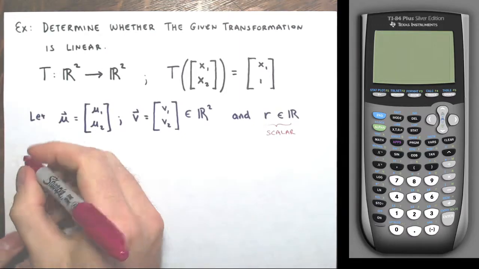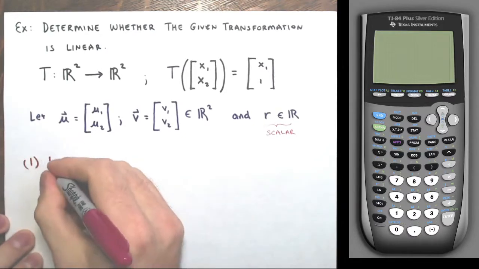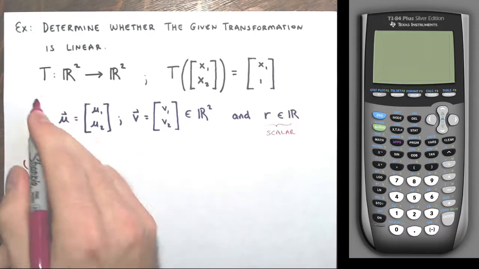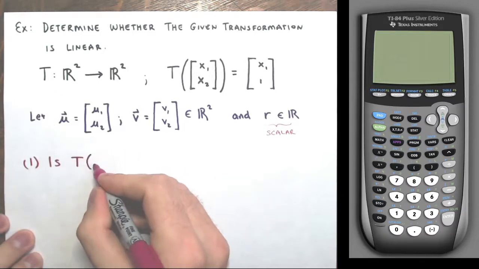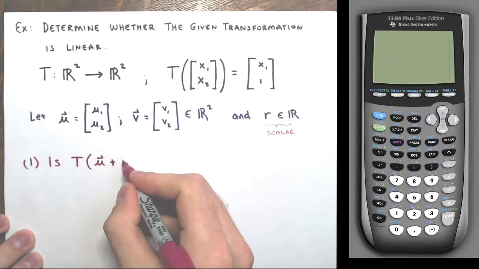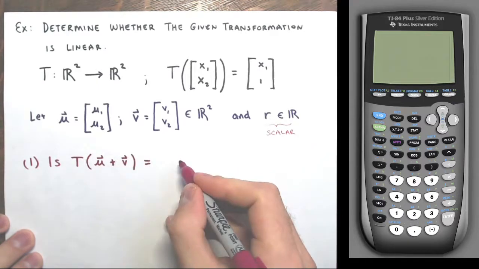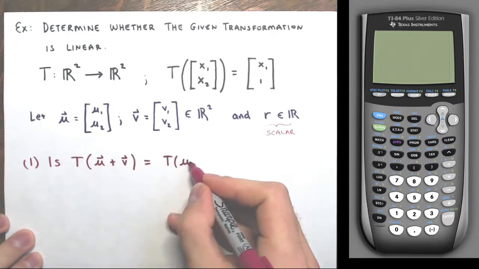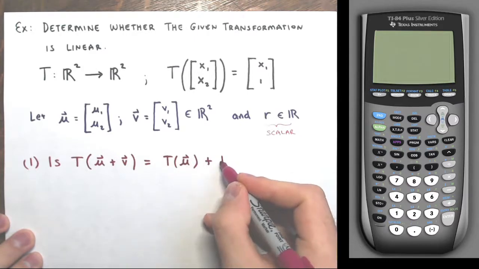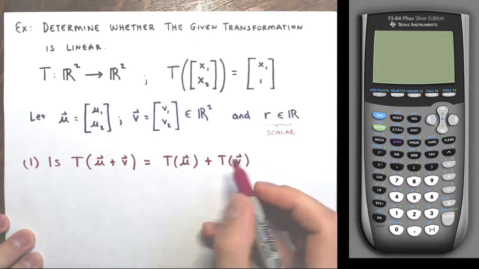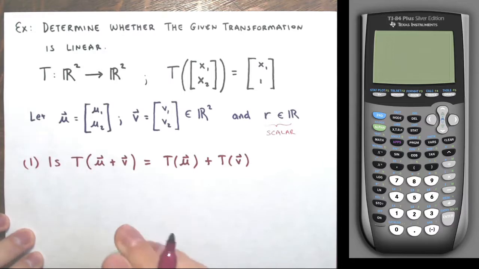Is the value of this transformation T at u plus v equal to the value of T at u plus the value of T at v, almost as if you're distributing? It's not really distributing the T, but you can think of it that way.